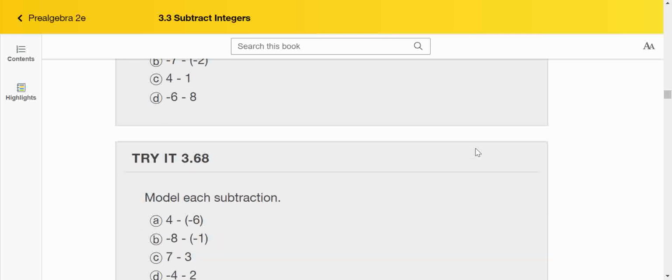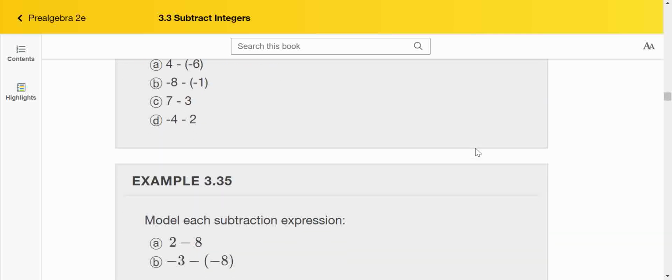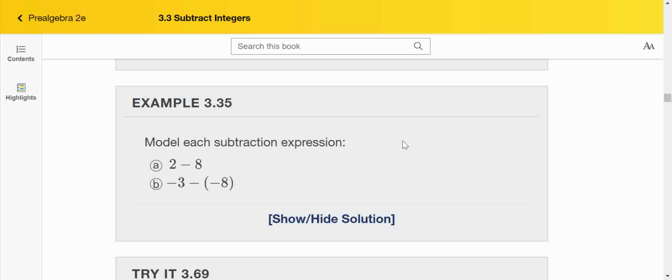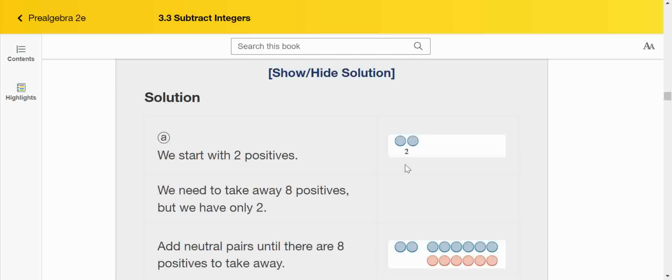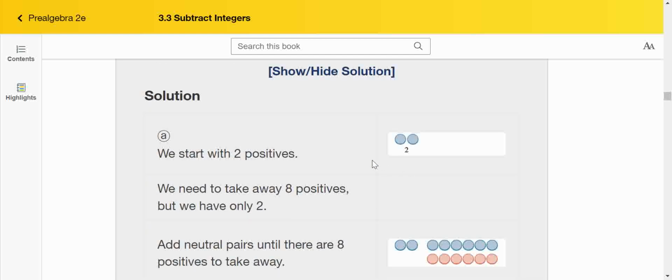Okay, and we have some try it problems. In example 3.35, model each subtraction expression. A, 2 minus 8, B, minus 3 minus minus 8. For A, we start with 2 positives.